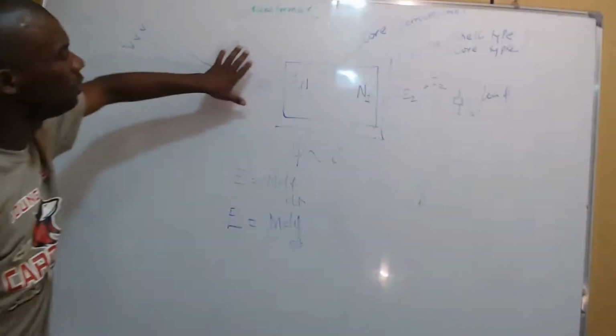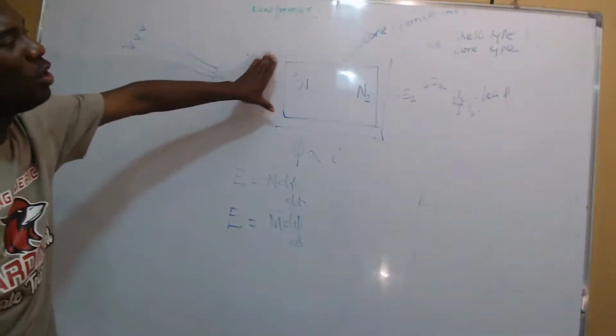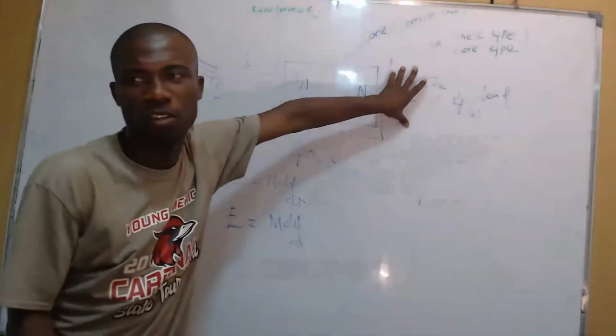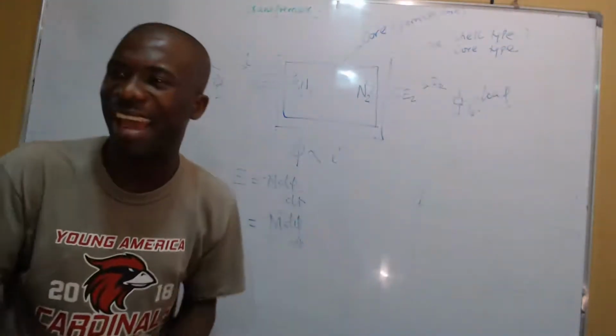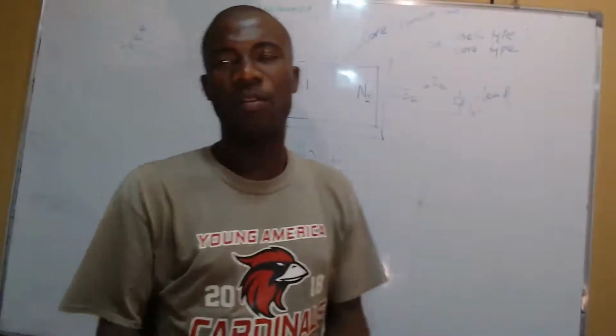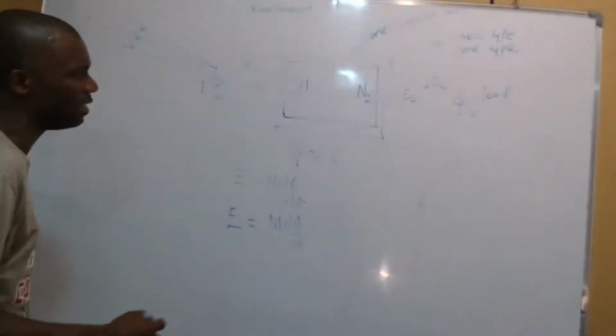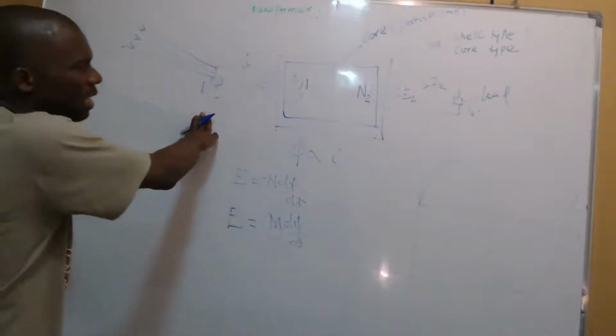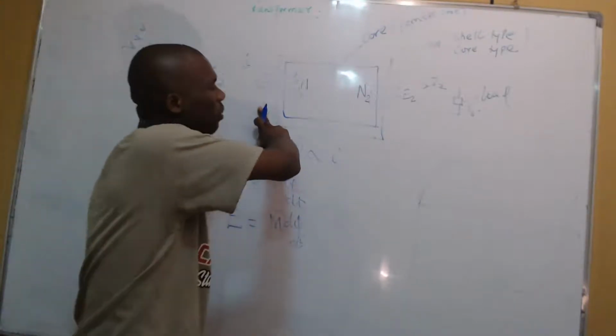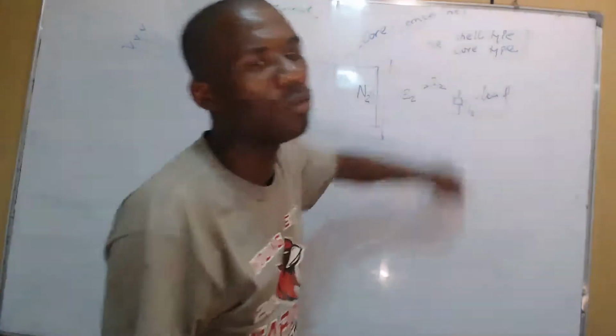We have the primary flux and we have the secondary flux. The combination of the primary and secondary flux, when they are linked together, gives the transformer equation. Now, we have the primary voltage, the primary induced EMF, and the number of secondary turns.